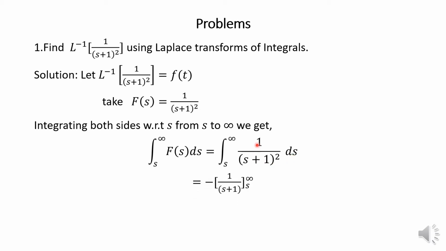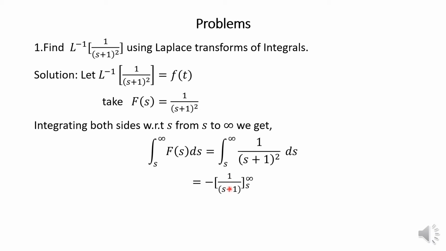Now we know that integral of 1 by x square is minus 1 by x. I am using that result. So therefore integral of 1 by (s plus 1) whole square is minus 1 by (s plus 1), between the limits s to infinity. After applying the limits of integration, the upper limit is s tends to infinity, so we get 1 by infinity, and 1 by infinity is 0.